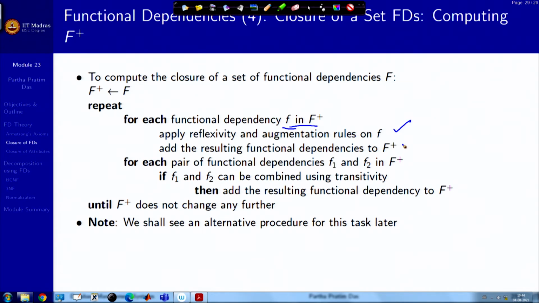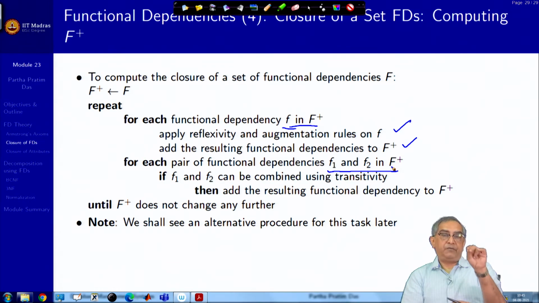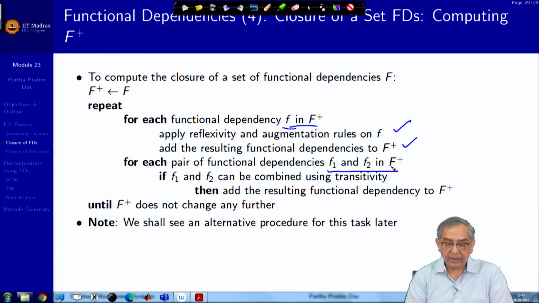Add the resulting dependencies to F plus, so that you have more. These two rules apply on individual dependencies, and the other is transitivity, for which you take every pair in F plus and see whether they can be combined. That is, whether the right hand side of F1 is the same as the left hand side of F2, and then you can apply that and include the result.